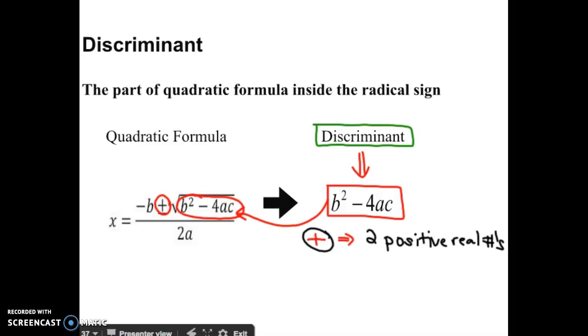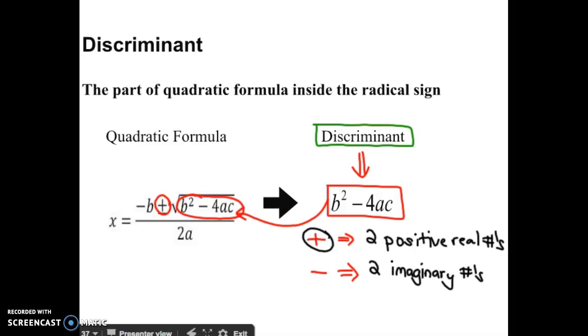When you get a negative number for the discriminant, you have a negative number under the radical. We've talked about it in the past. When you have a negative under a radical, you end up getting imaginary answers. So again, I still have the plus or minus, so I'm going to get two, but now I'm going to get two imaginary answers when I have a negative under the radical.